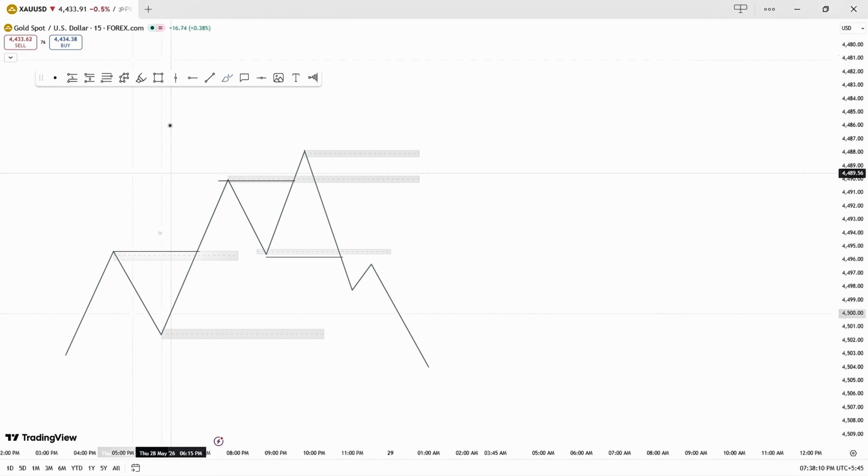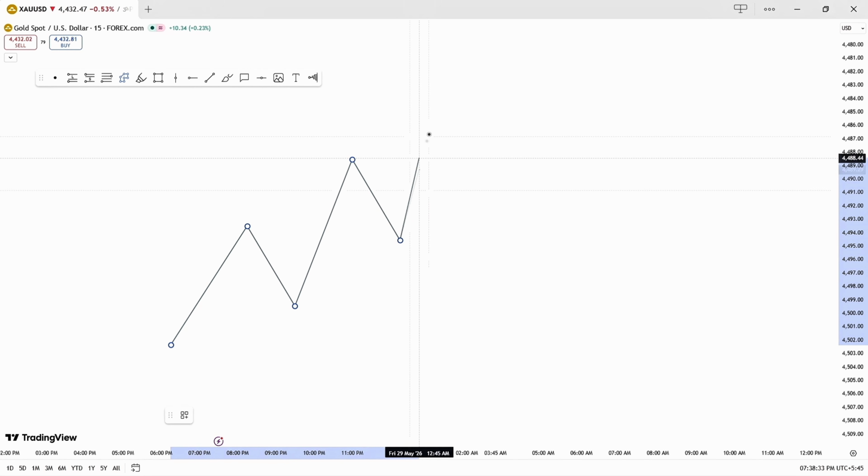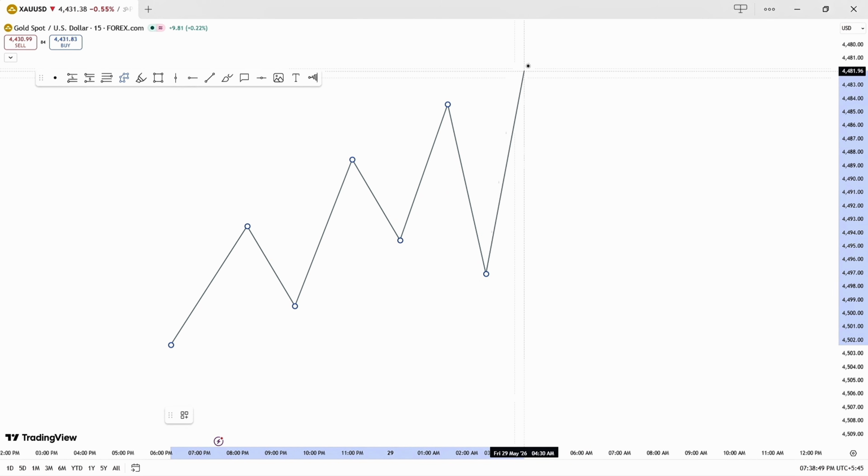Let me clear the chart for now, and I will show you perfectly how the DQM looks. As we know, this is the bullish structure like this. Market is breaking the higher high and forming the bullish breakup structure, and we can see there is the market structure break here, but it's not respecting this market structure break, and again it formed another market structure break like this.